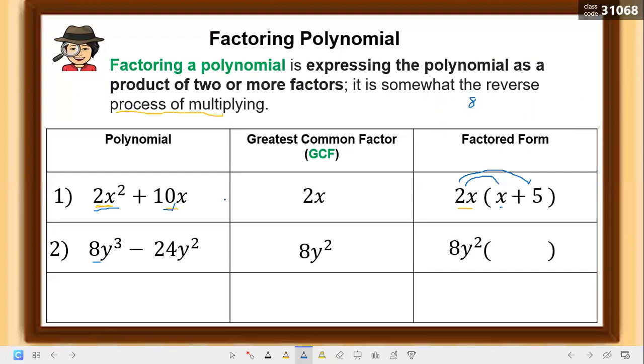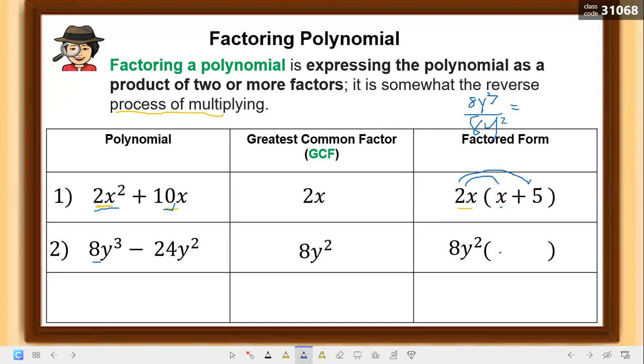Yes, but what is the quotient first of this first term? Ito, 8y cubed over 8y squared. Kapag dinivide po natin yan, ano yung magiging first term natin sa parenthesis?